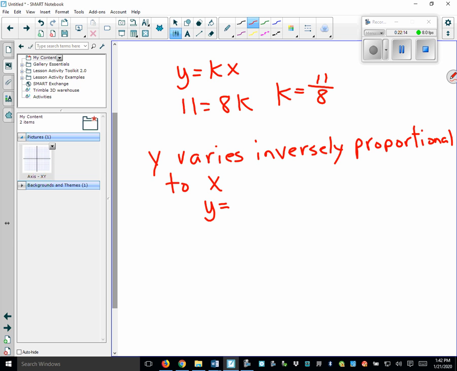Y equals 10 when X equals 6. What does inverse mean? Y equals K over X. So 10 equals K over 6. What is K? 60.